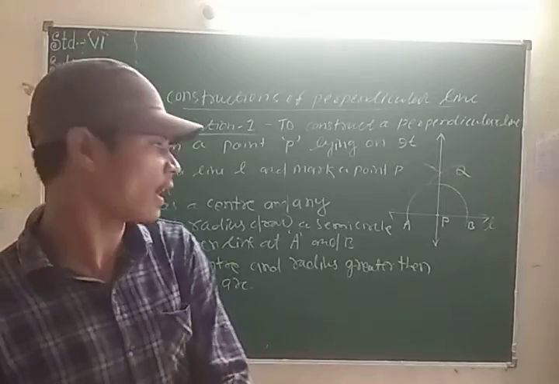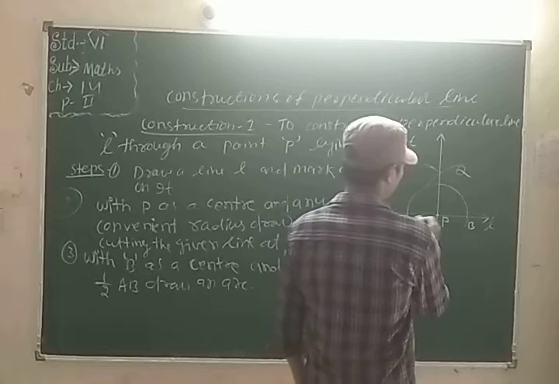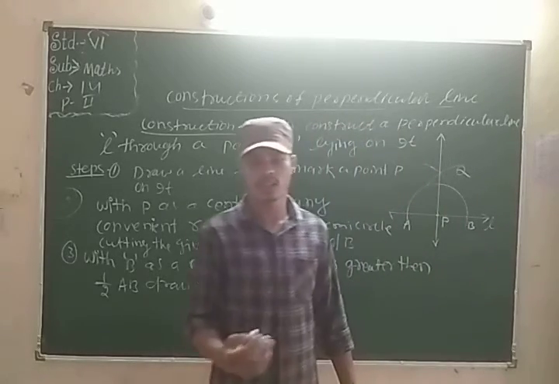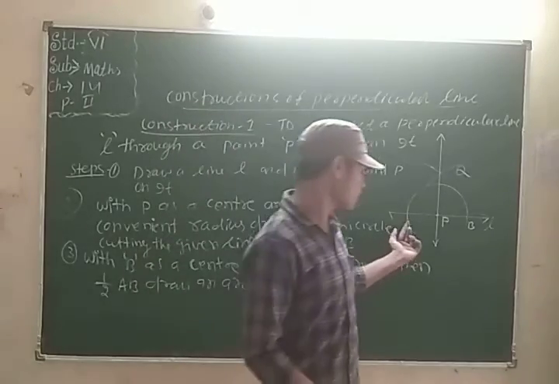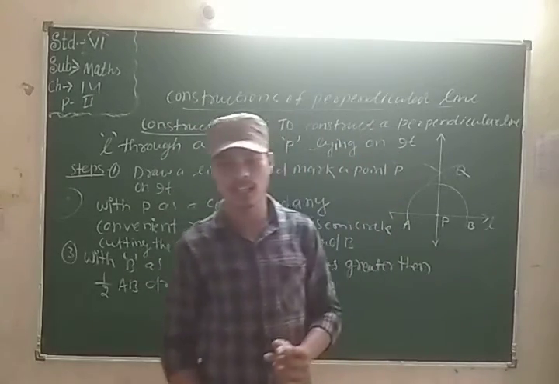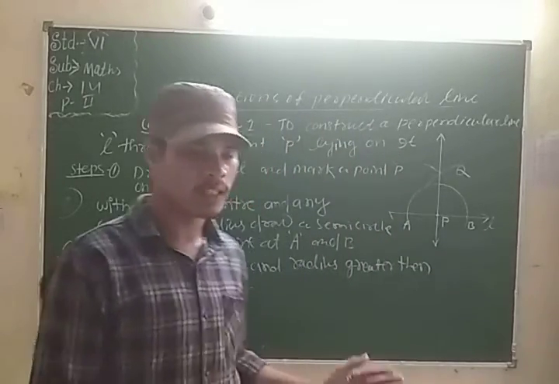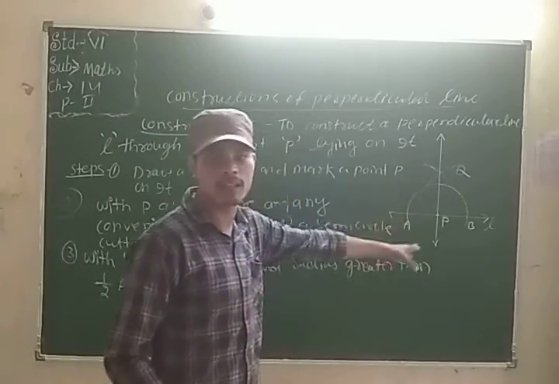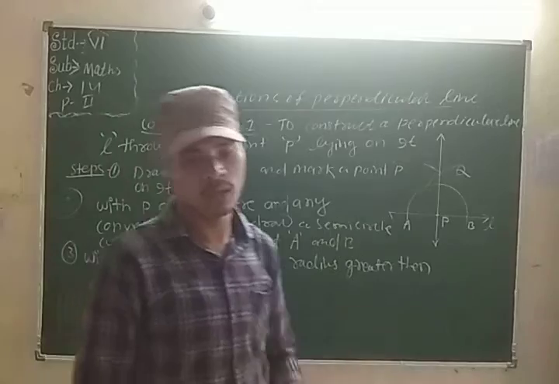When we verify, angle APQ equals 90 degrees and angle QPB equals 90 degrees, because APB is a straight angle. A straight angle is 180 degrees, and it is divided equally into two parts. That's why both are 90 degrees.